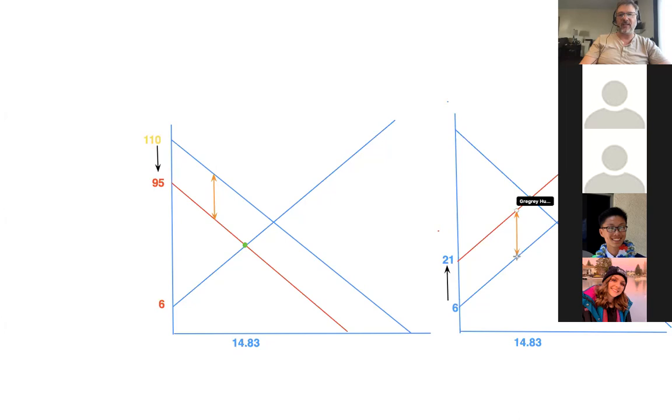And in both cases, it's supposed to represent a distance of 15 units on the vertical axis, or $15. And I put a little label here, 15.